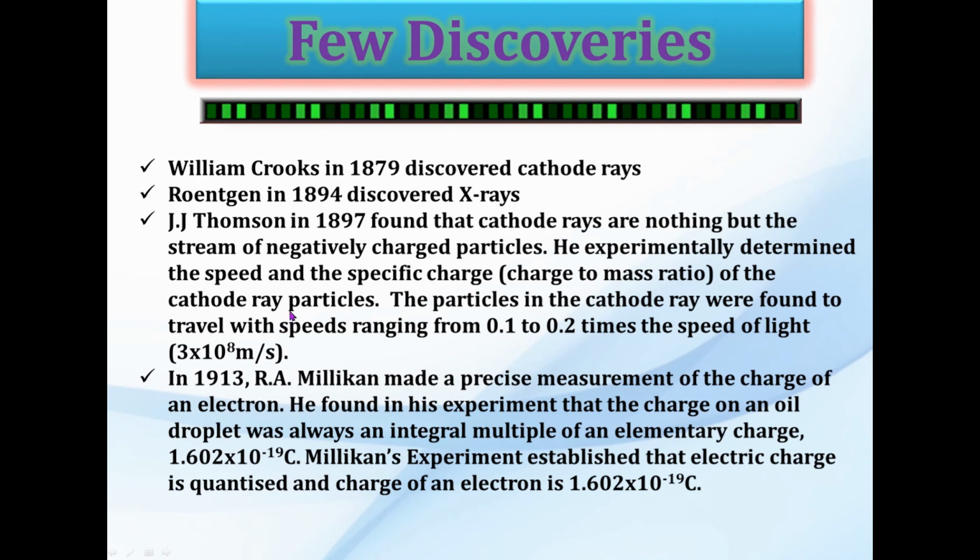Next, in 1913 R.A. Millikan conducted the oil drop experiment, and he made a precise measurement of the charge of an electron. He found in his experiment that the charge on an oil drop was always an integral multiple of the elementary charge, that is 1.602 into 10 to the power of minus 19 coulomb.